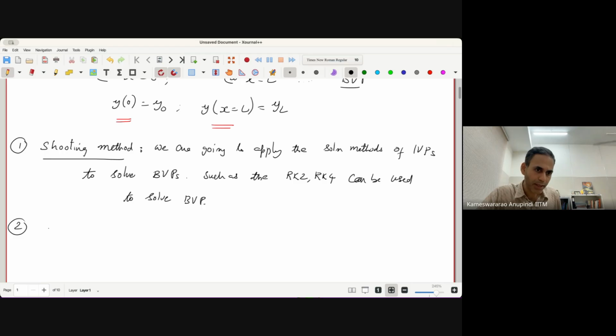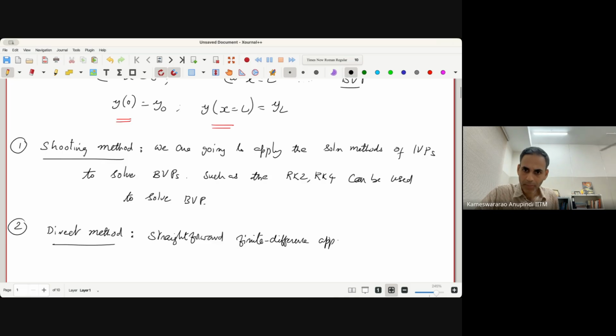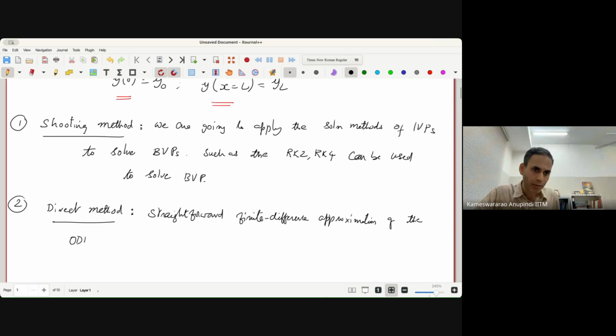Whereas in the direct method, what we do is essentially a straightforward finite difference approximation of the ordinary differential equation.